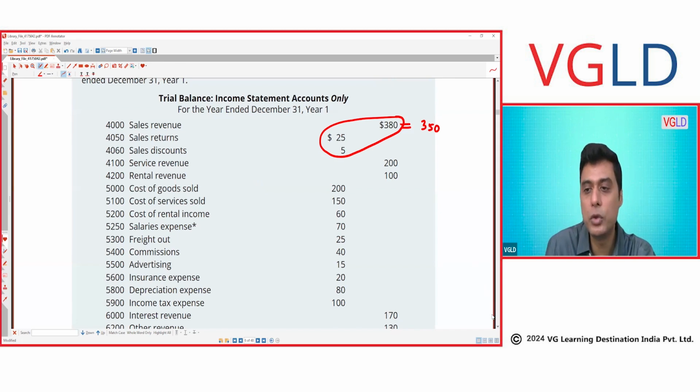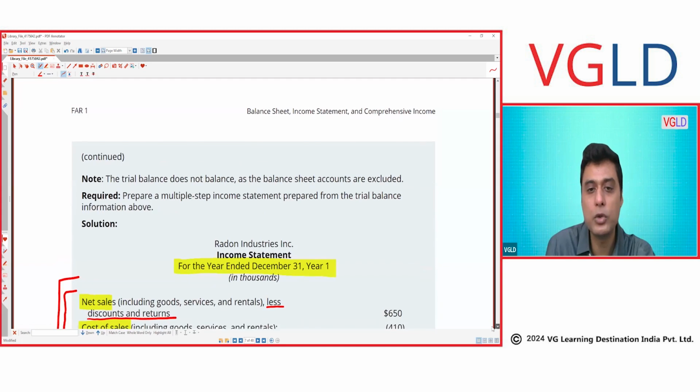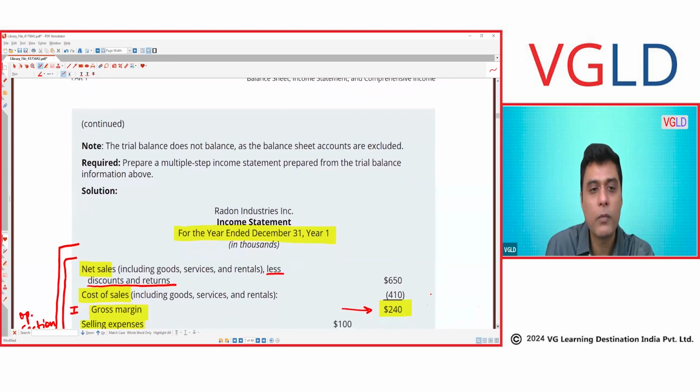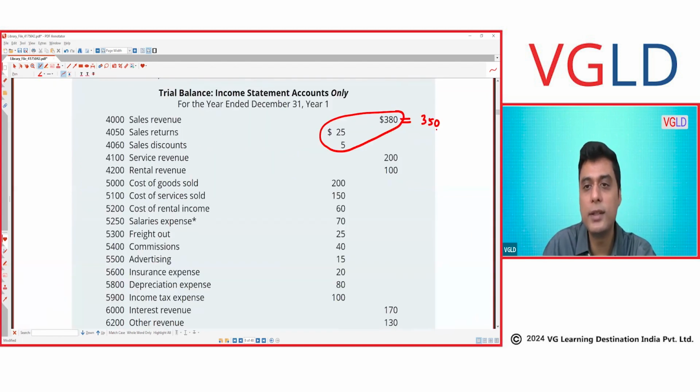If you go to the answer, you will see net sales has been shown at 650, because they have other items also. So this is 350. Then service revenue is 200. Rental revenue is 100. Now this 350 and 300 is your 650, which is going to your income statement.